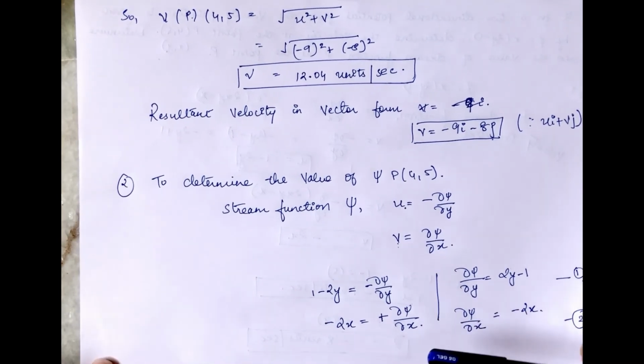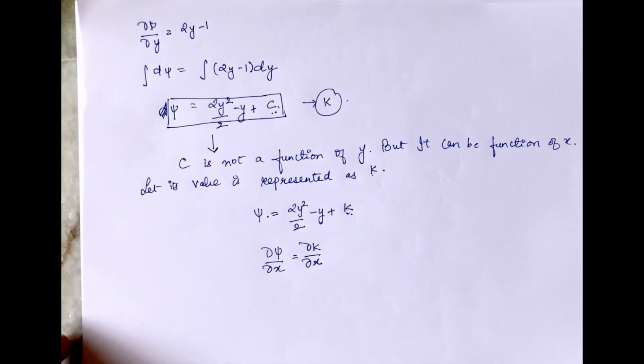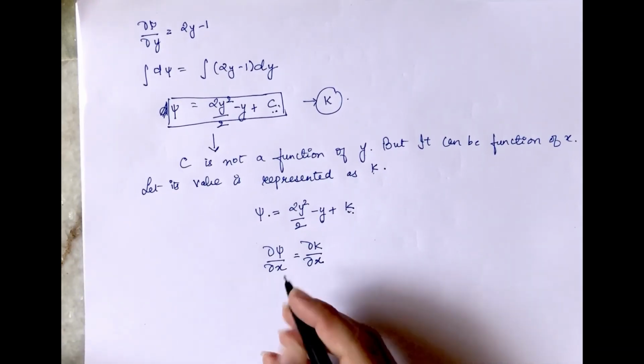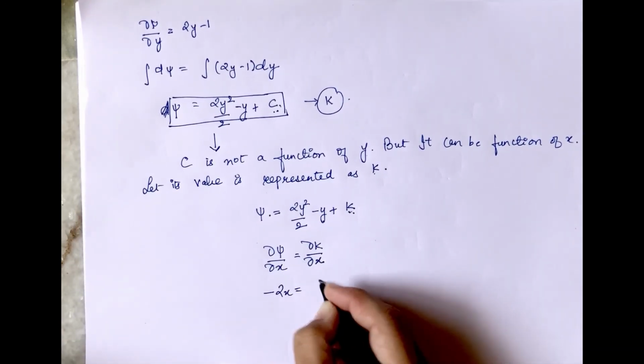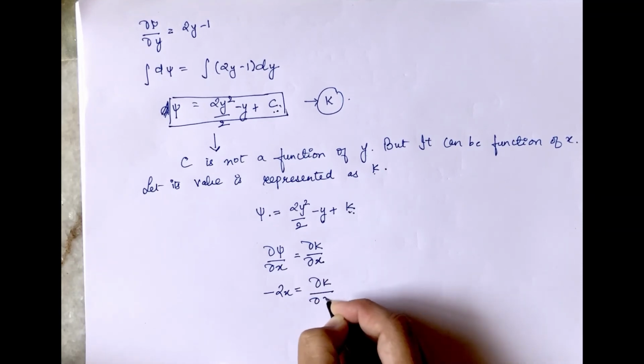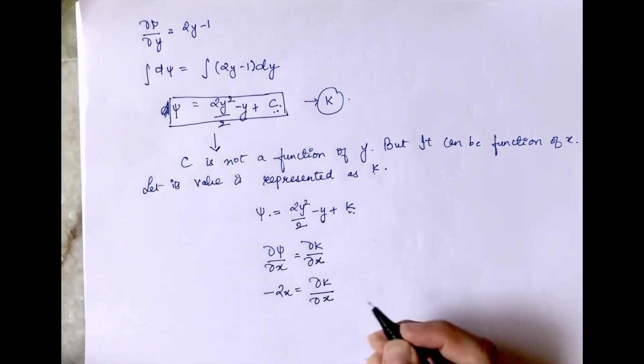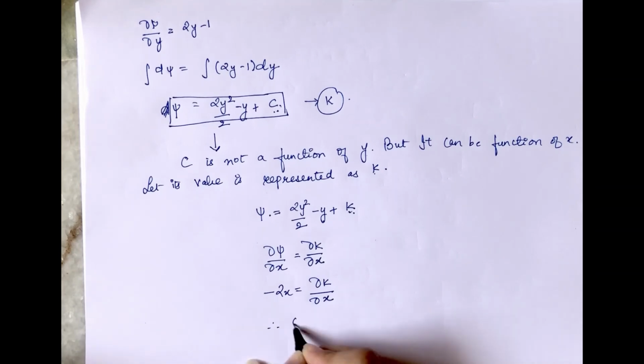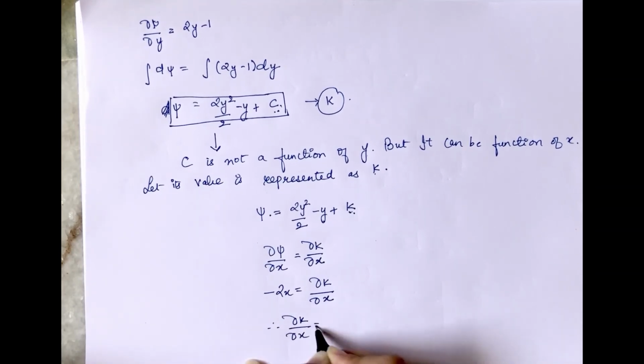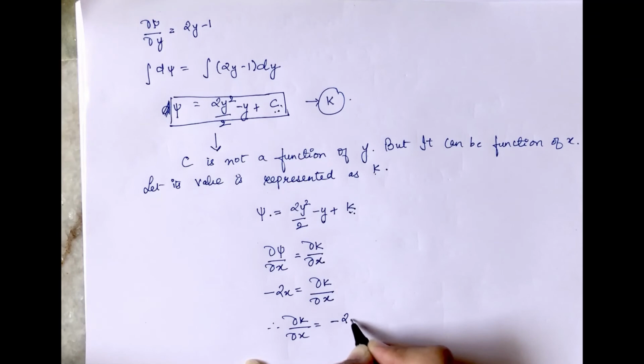We can write this value over here, that is del psi by del x is equal to minus 2x is equal to del k by del x. So therefore the value of del k by del x is equal to minus 2x.